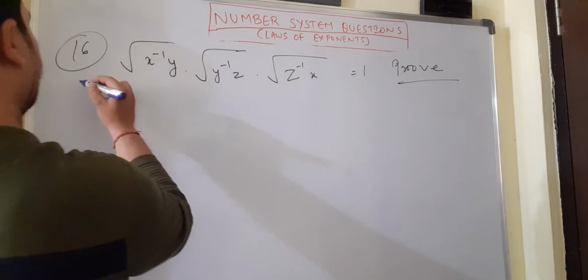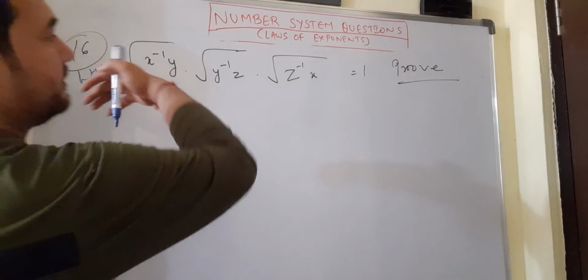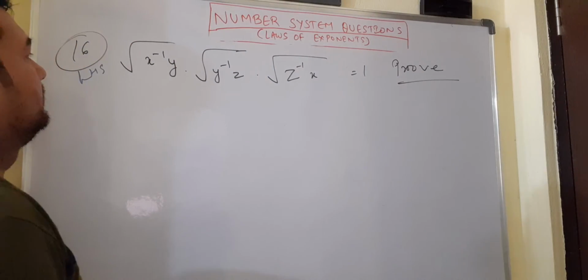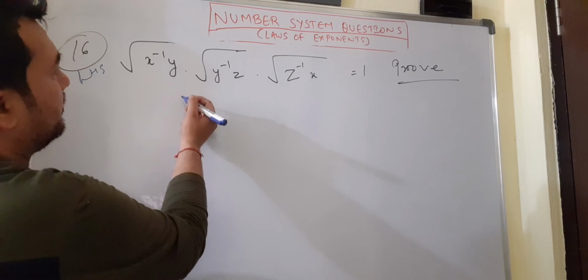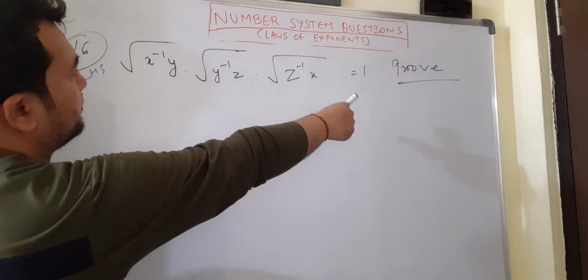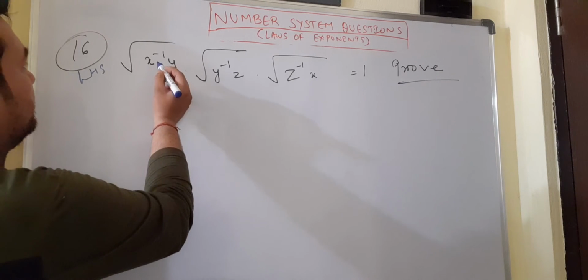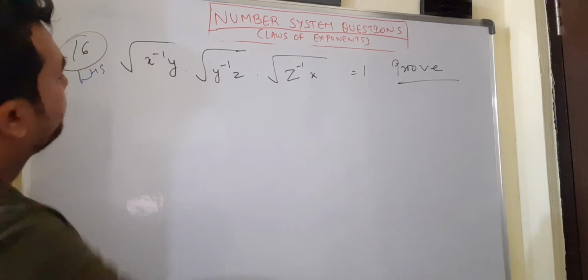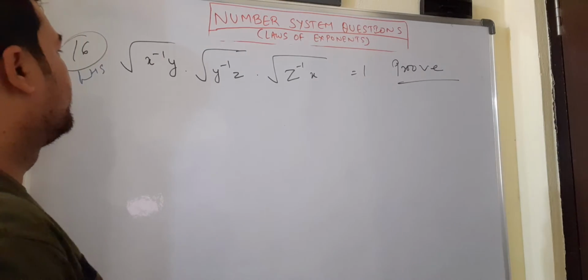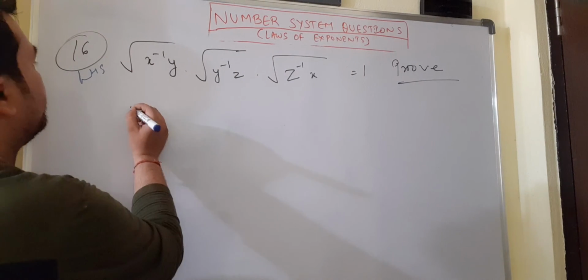So take this as your LHS, like we do whenever we are given to prove this equal to this. So taking this as LHS, you do not have any square root or anything here. You have power as minus 1, you have also a square root. So it is always better to remove this square root. So remove this square root.